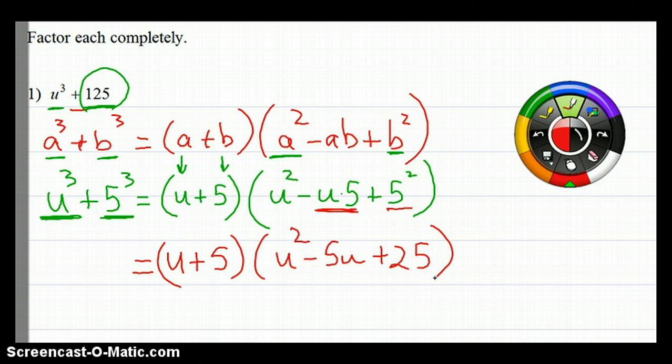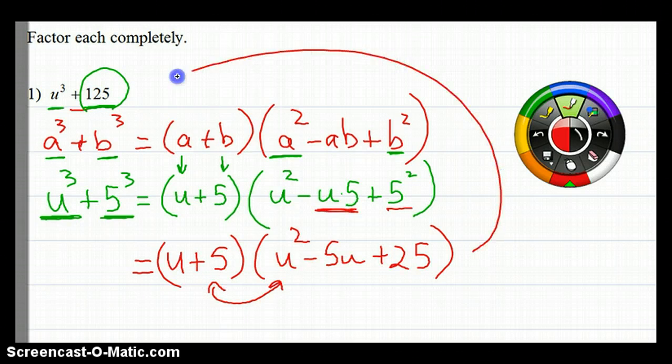If we wanted to check this on a test, I would multiply these two things out, and it doesn't seem like it, but I would get the problem that I started with, u cubed plus 125. This is called factoring of perfect cubes, and we either have a plus or a minus.